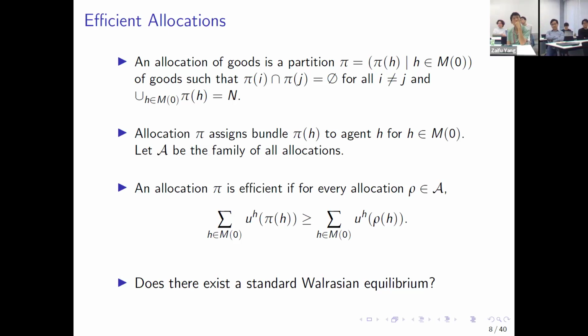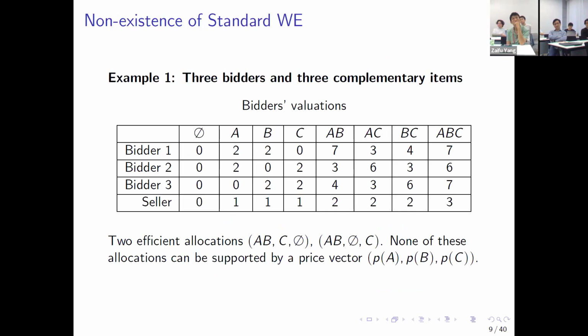Okay, let's look at one very simple example. Here we have 3 items A, B, C, and we have 3 buyers and 1 seller.